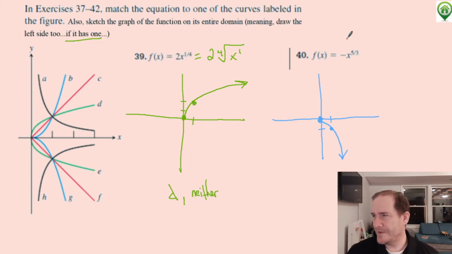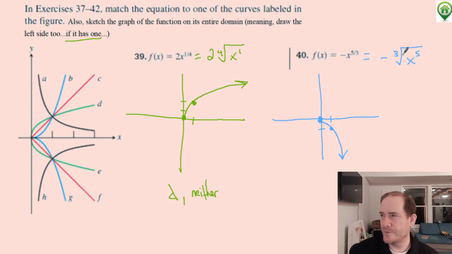Now what about our left-hand side? Well, both numerator and denominator here are odd, so that's a pretty strong indication that we're odd. This might need a little more explaining though. The negative would be on the outside, but we would turn this into the cube root of x to the 5th.